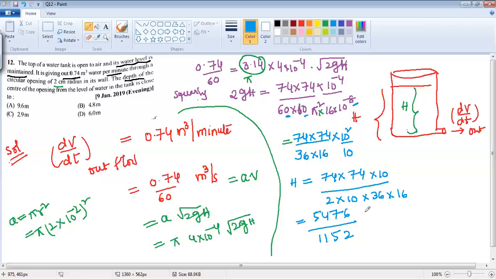So 5476 divided by 1152, we will get approximately 4.75 meter. So approximately closely 4.8 meter. This is your answer. 4.8 meter, that is your answer here.